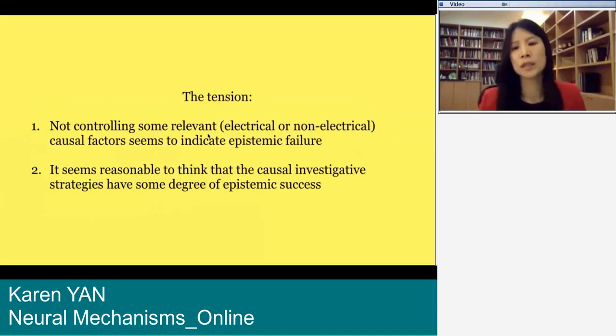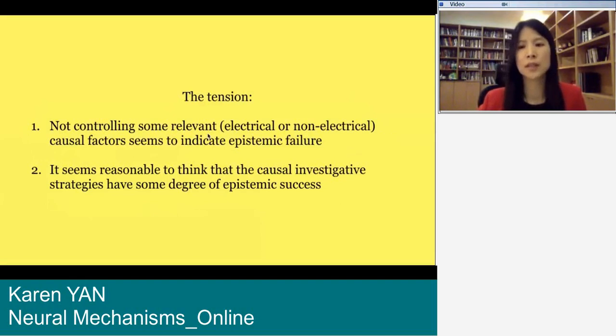So here we get the tension: on the one hand, not controlling some relevant causal factors seems to indicate epistemic failure on the part of the neurophysiologist. But at the same time, it also seems reasonable to think that their causal investigative strategy has some degree of epistemic success.